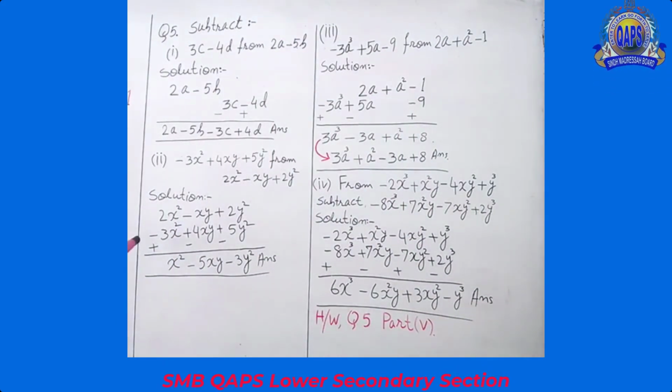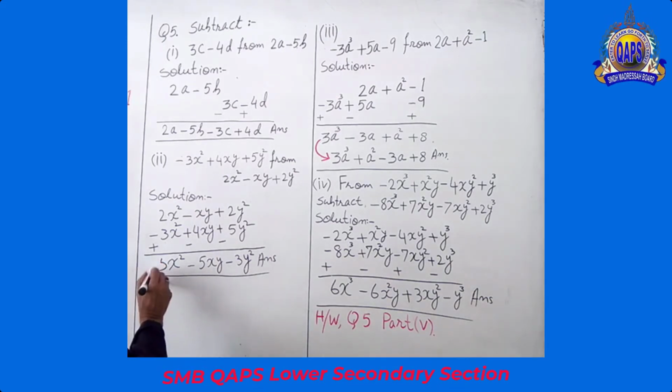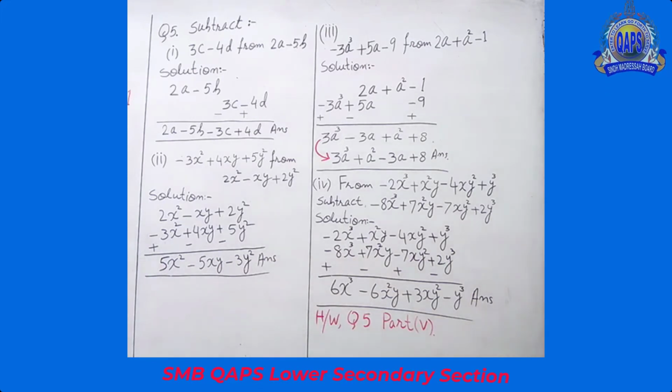So this minus sign will be plus, plus sign will be minus, plus sign will be minus. 2x square plus 3x square, it will be plus 5x square.